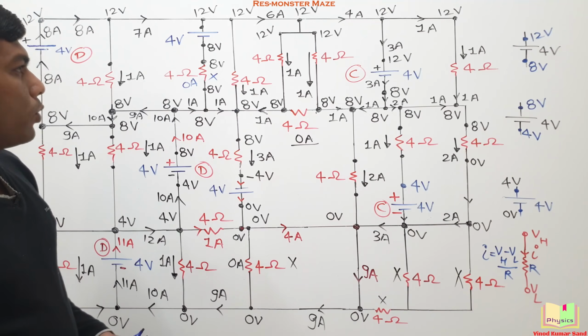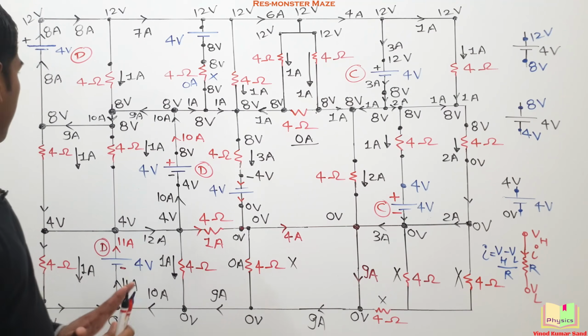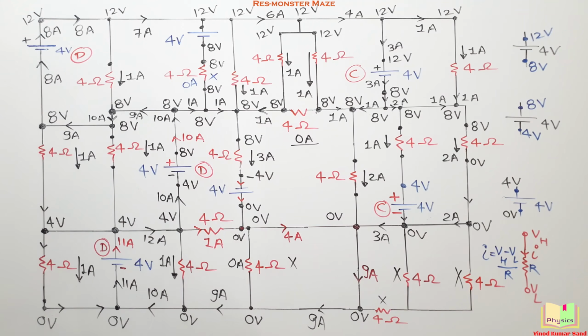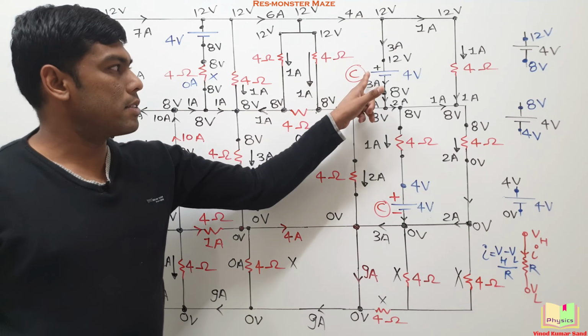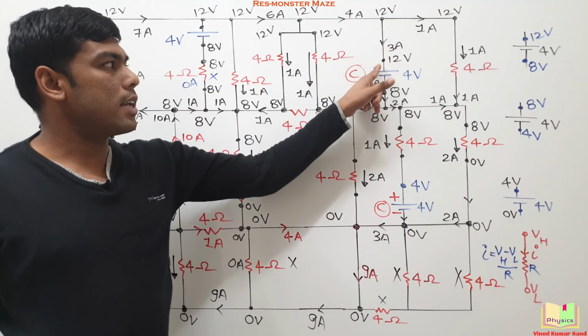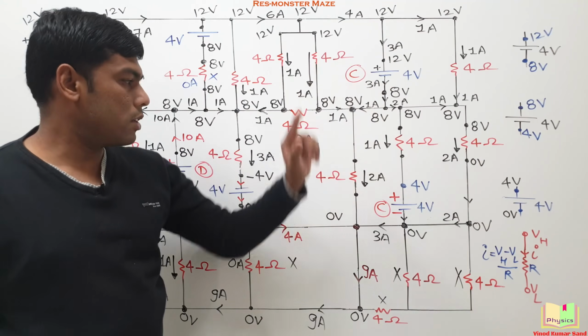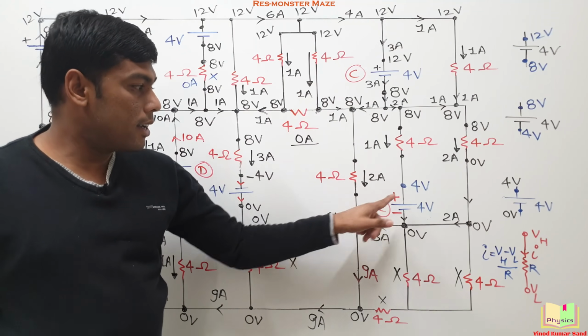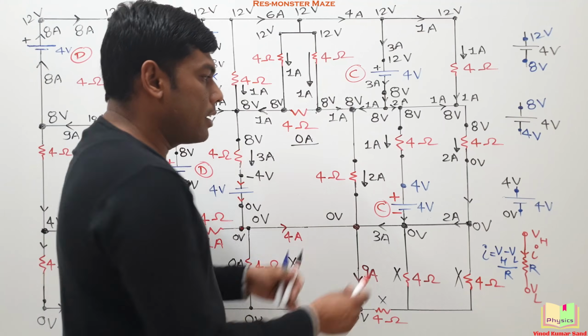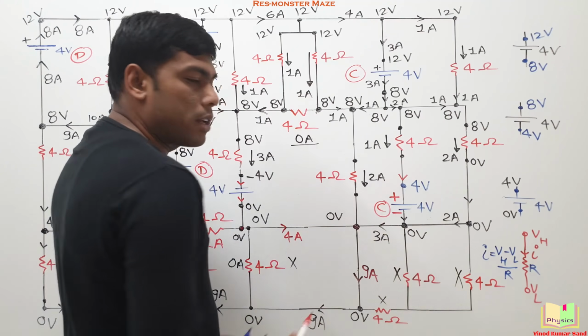I think we have figured out the current in every branch. Okay, and we can see which battery is getting charged, which battery is getting discharged. This battery is getting charged as current is entering into the positive terminal. This is getting charged because the current is entering into the positive terminal.